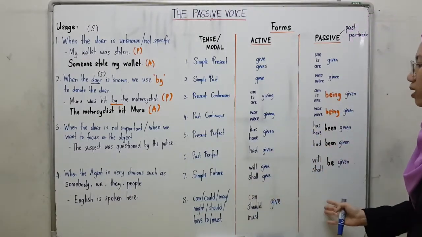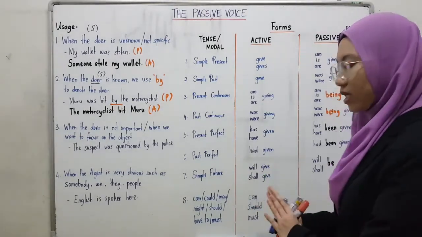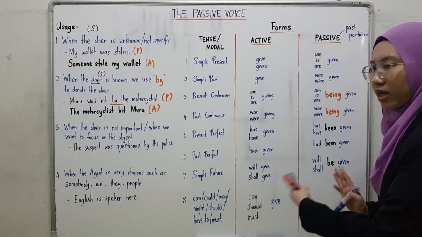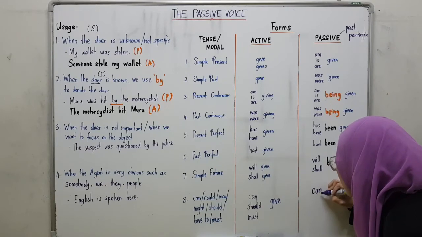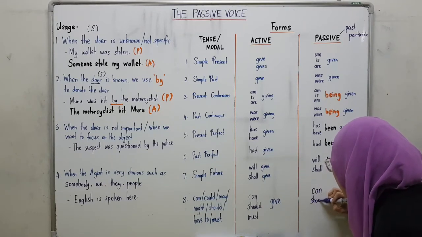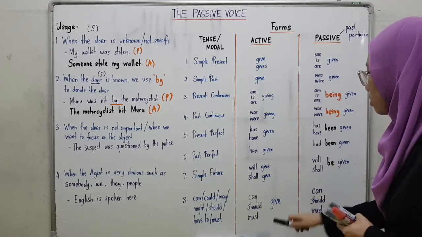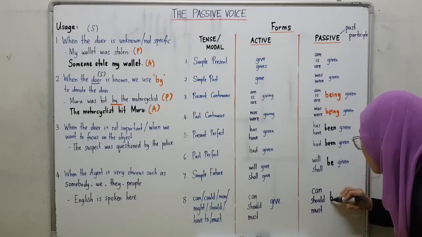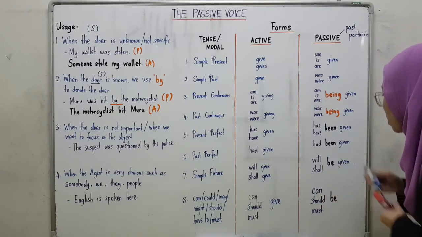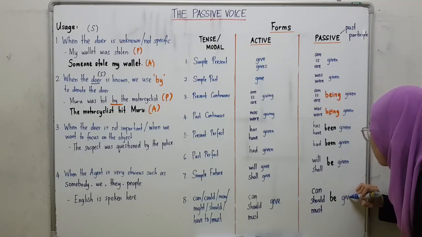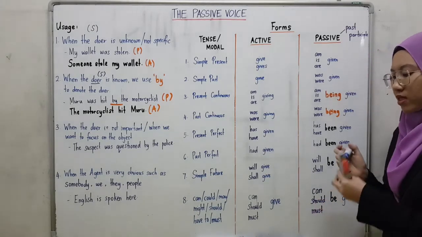When the verb becomes passive, we add be between the modal verb and the past participle. Now the passive form becomes can be given, should be given, must be given.